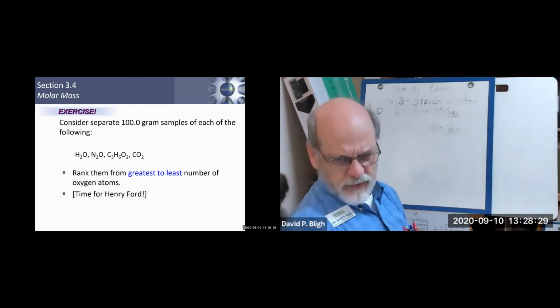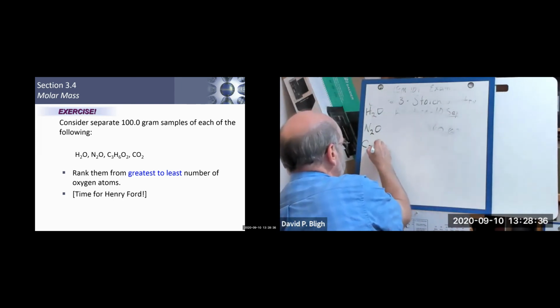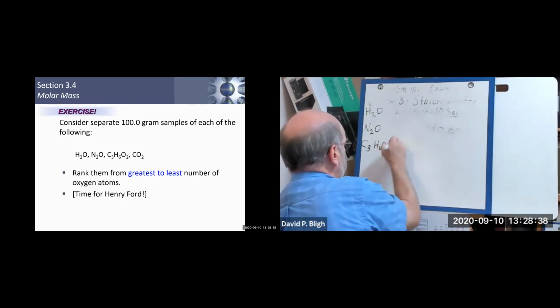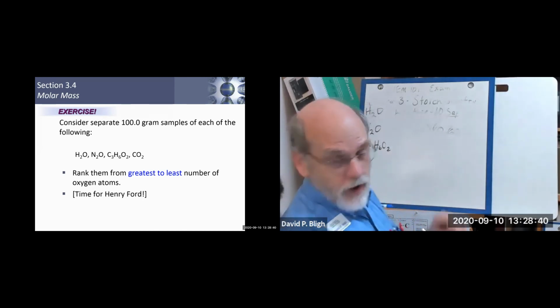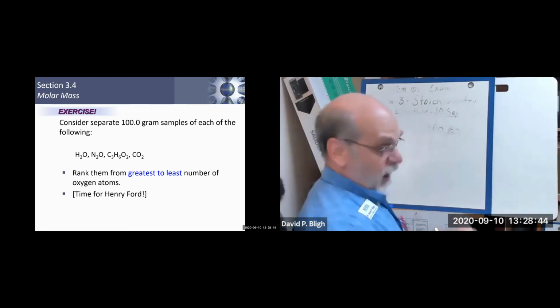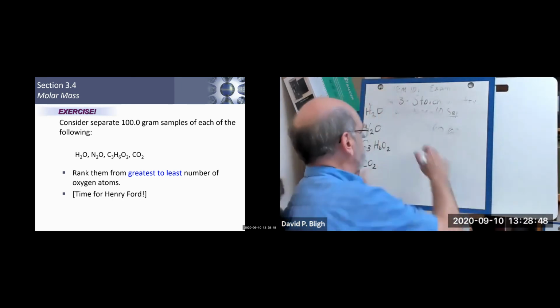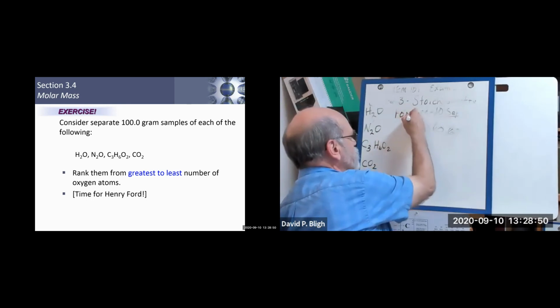Then we have C3H6O2, which I think is propionic acid. Okay, and then we have carbon dioxide. All right, we're starting out with 100 grams each. Right? So that's the same for each one.